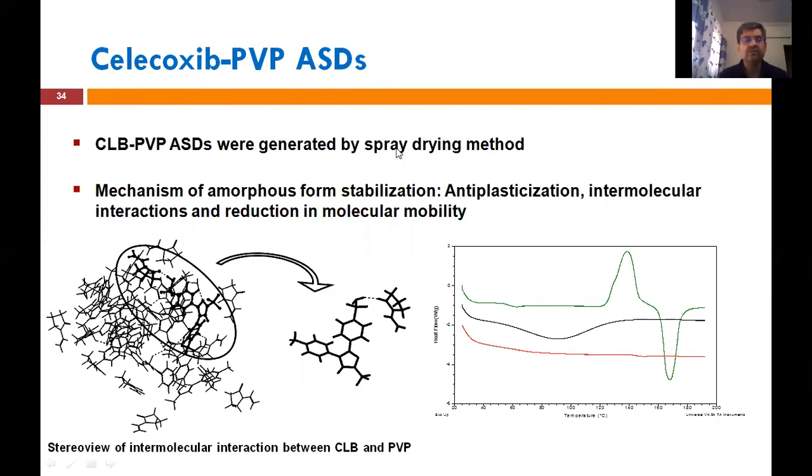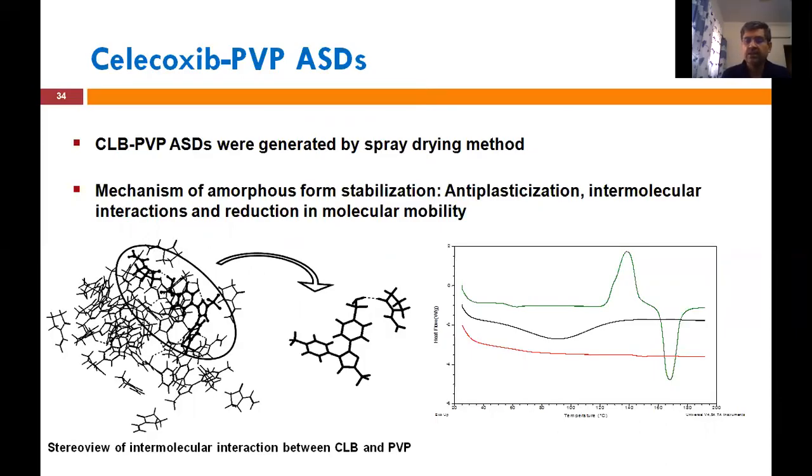Spray drying was used for generation of the amorphous solid dispersion, and the mechanism of amorphous stabilization was found to be anti-plasticization, which means increase in the glass transition temperature of celecoxib because of its miscibility with the polymer, and since the polymer has a higher Tg value, the overall Tg of the amorphous solid dispersion was much higher than that of the drug alone.